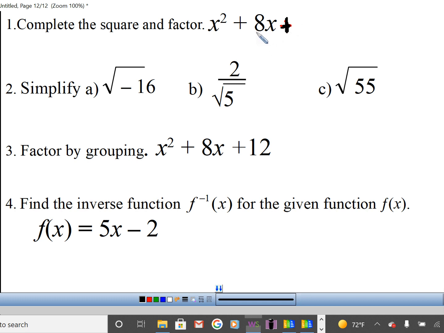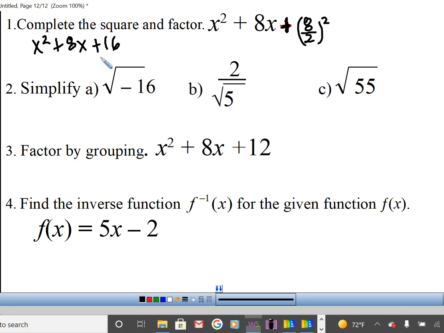That means we need to take the coefficient of x divided by 2 and square it. If I simplify that, we end up with x squared plus 8x, and 8 divided by 2 is 4. 4 squared is 16.